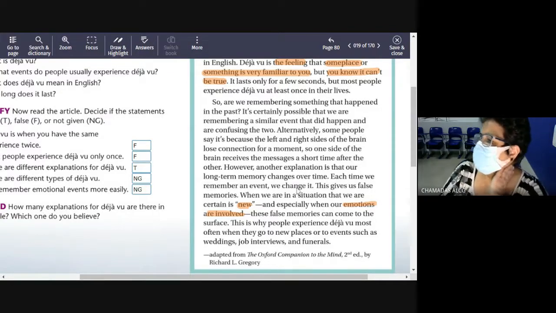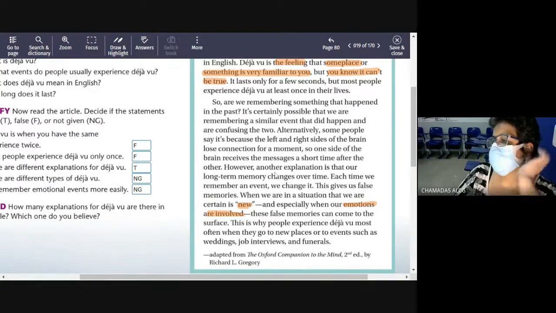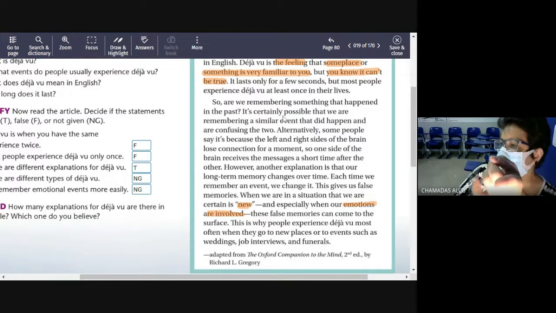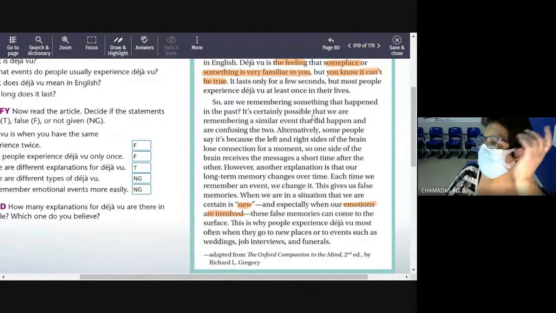Okay. So it seems that we have two different explanations here, right? We have one explanation and then here we have another, right?